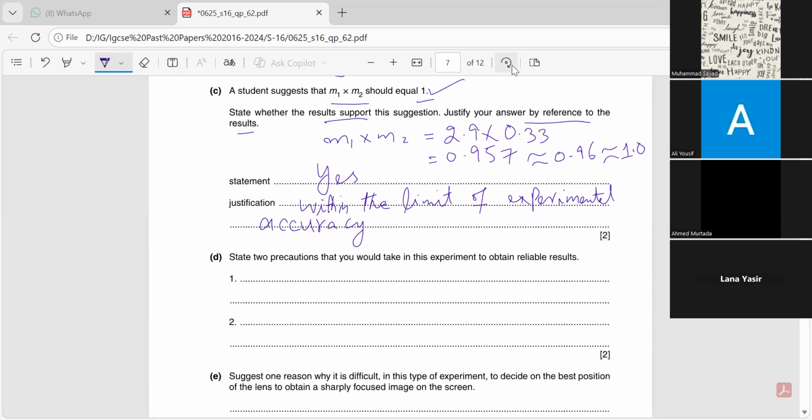In this experiment, the first one you can use is to perform the experiment in a dark room or shaded area. Both ways are okay. Why? So that the image is well focused. We can observe the image very well.